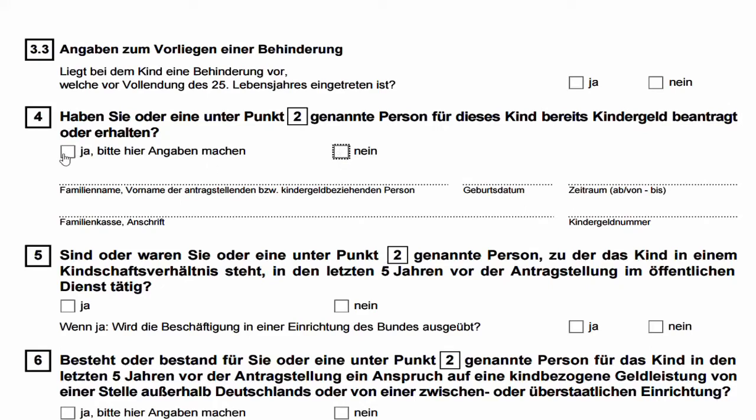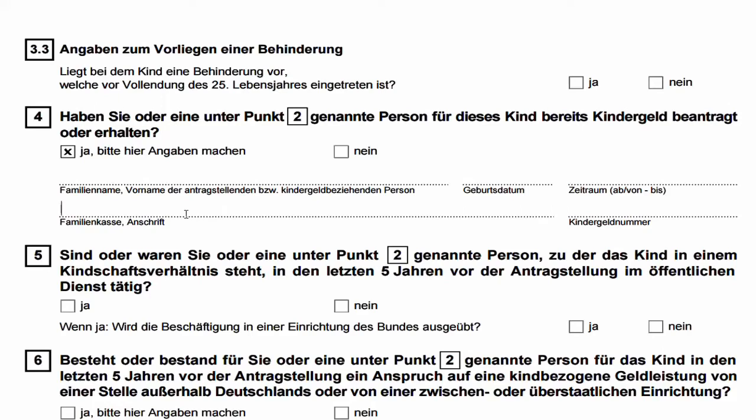If you have marked yes with a cross, you write the last name and the first name of the applicant or another person who has received child benefit for this child. Here you write the date of birth of this person. Here you write from which date to which date this person has received child benefit for this child.